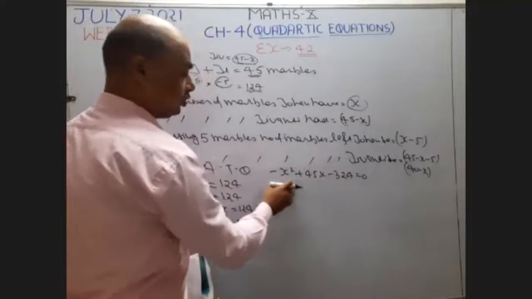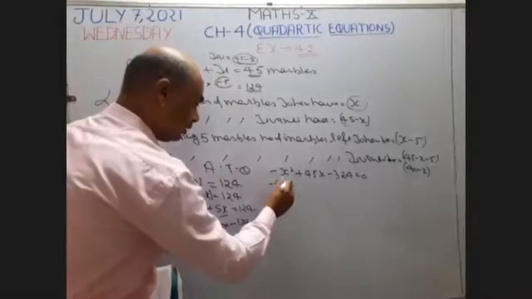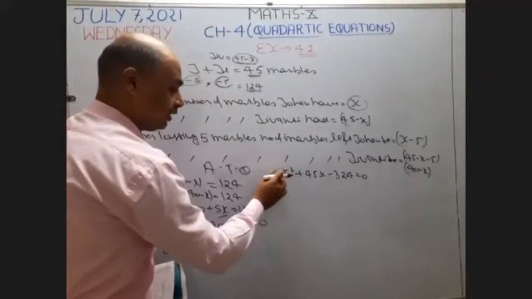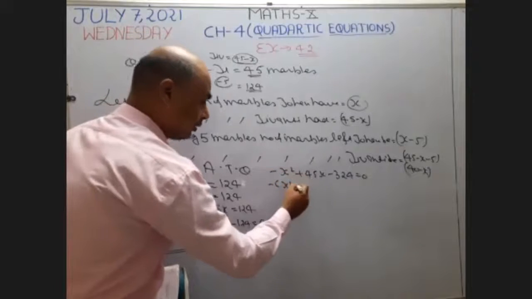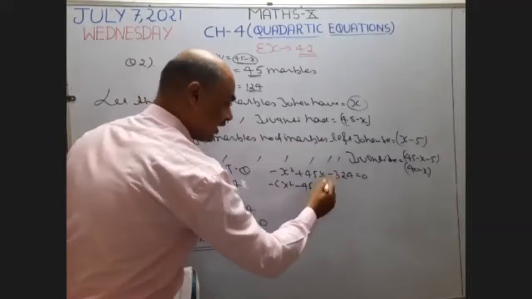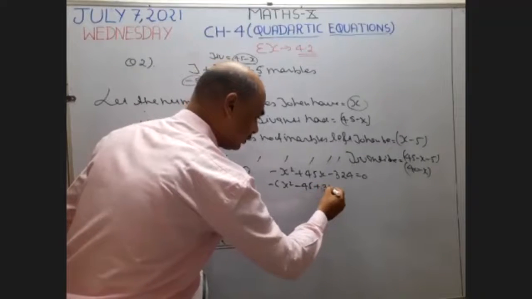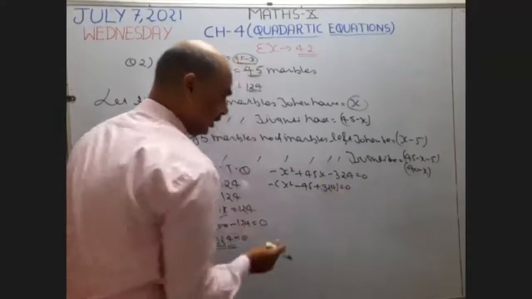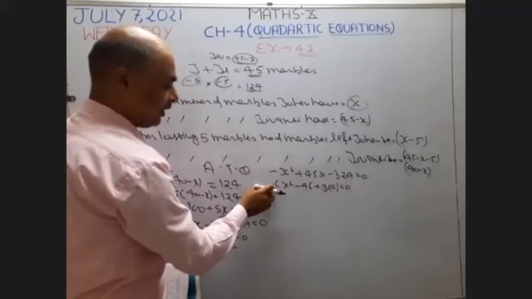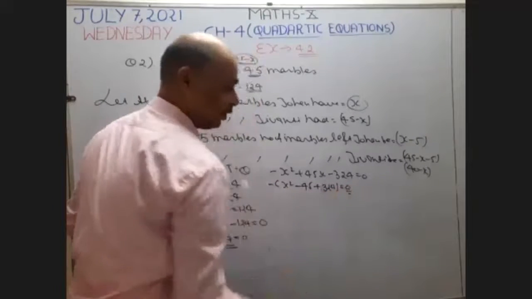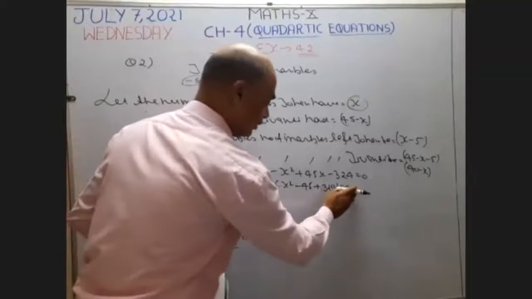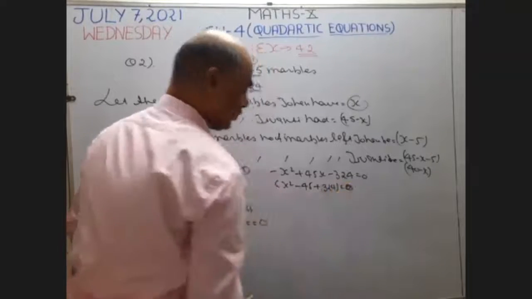All the signs are going to change. After taking minus common, this negative term becomes positive, this positive term becomes negative, and this negative term becomes positive, which is equal to 0. Now I take this negative sign towards the denominator of the right side, so this becomes plus minus minus. So this becomes the final equation.